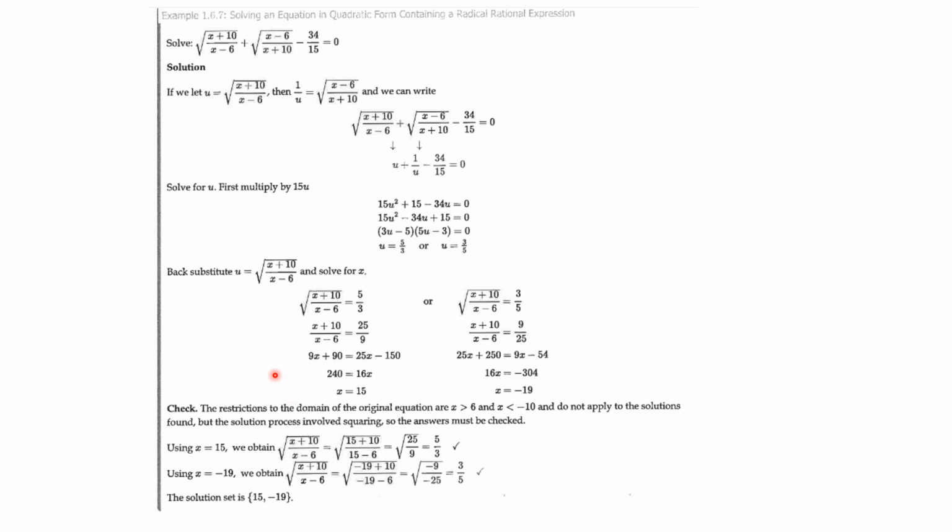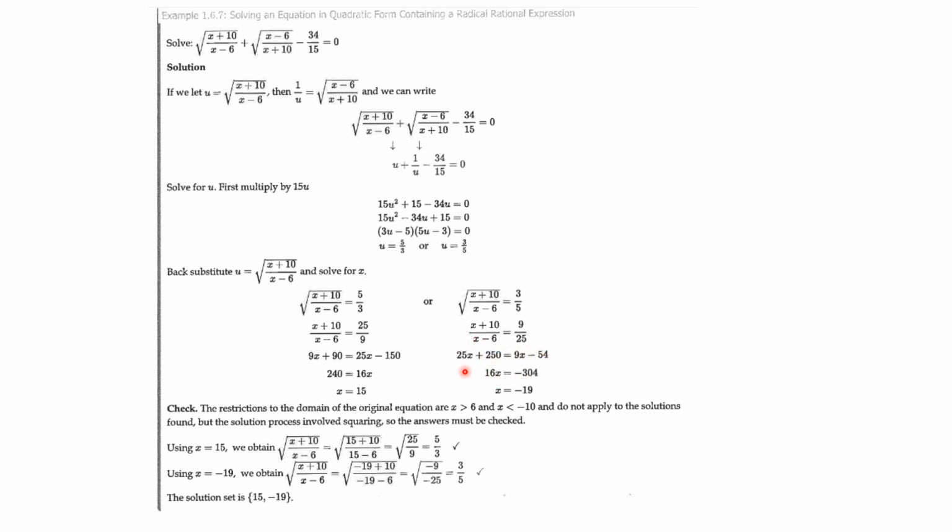So now we're setting the square root of (x + 10)/(x - 6) equal to 5/3. We square both sides to get (x + 10)/(x - 6) is 25/9. And we solve this and we find that x is 15. Or if we set the square root of (x + 10)/(x - 6) equal to 3/5, we square both sides, we get (x + 10)/(x - 6) equal to 9/25.